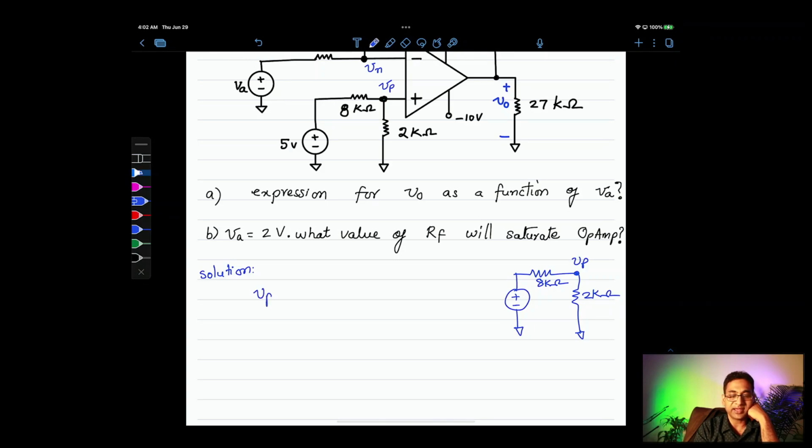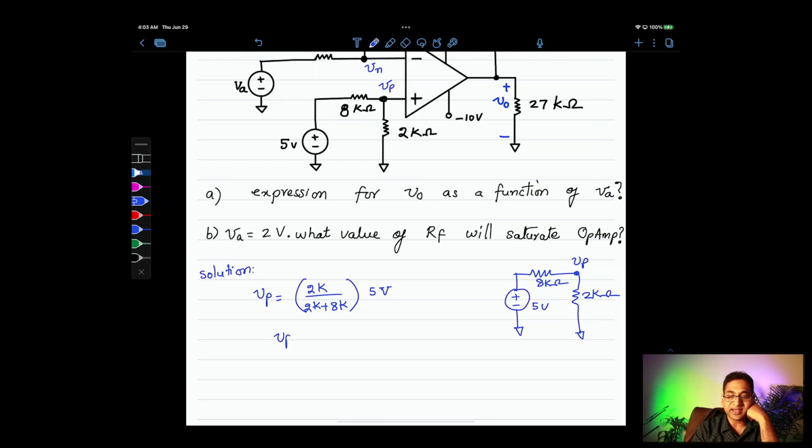Vp is really 2k over 2k plus 8k multiplied by 5 volts. That's the 5 volts here.